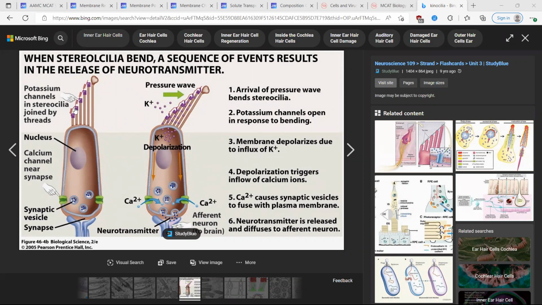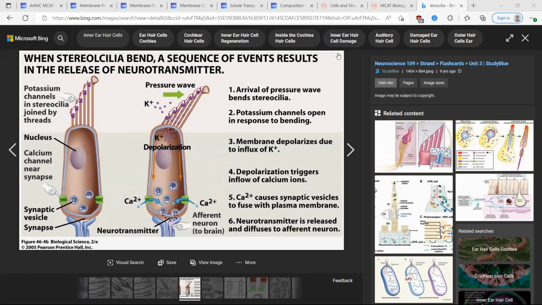So the question is, what is triggering the chemical signaling, right? Here, it's not a chemical that comes and attaches. It's just that there's pressure from the liquid in your ear moving. And when that pressure happens, we get some depolarization. So that pressure gets converted into chemical signaling, right?